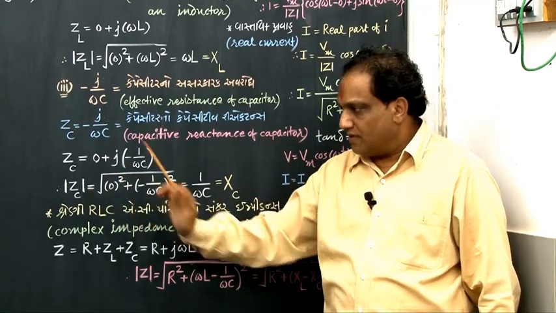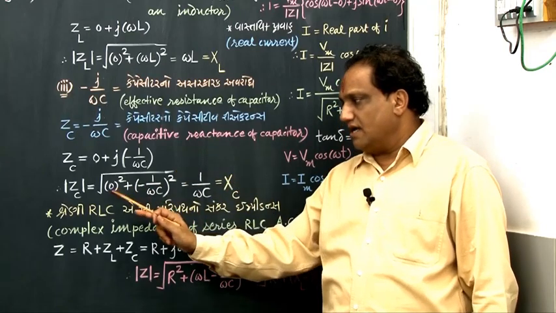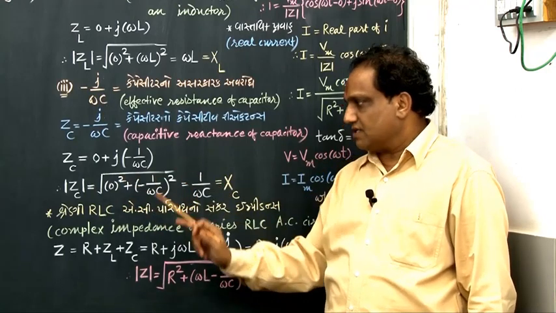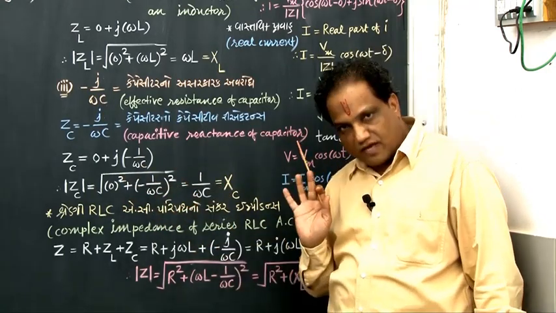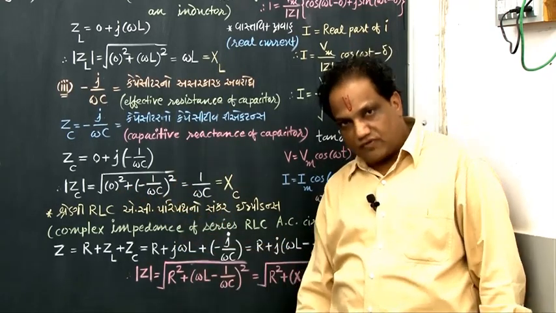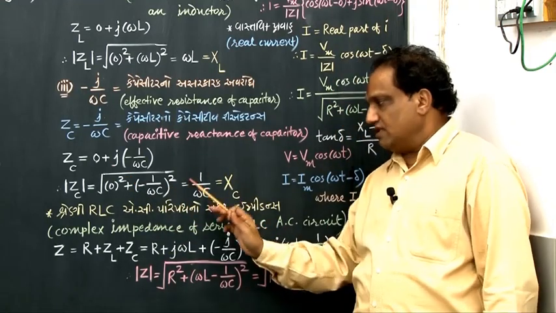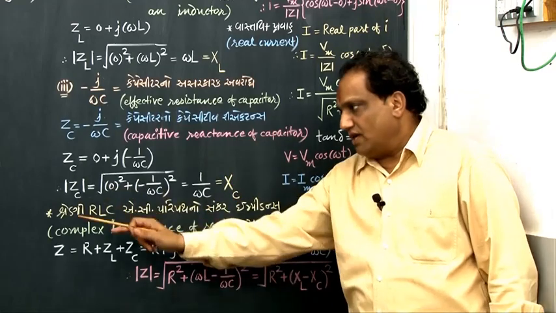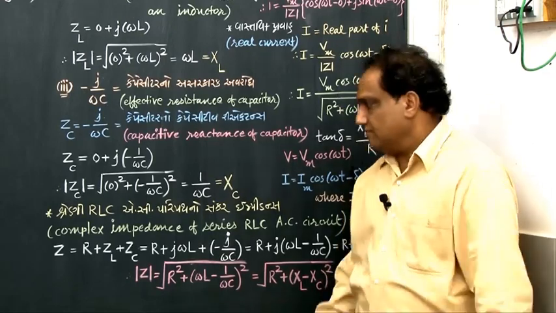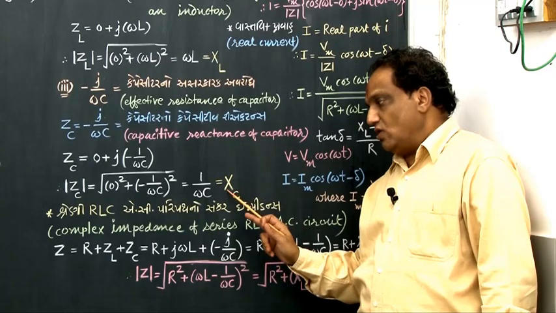The magnitude is the square root of the sum of squares of the real and imaginary parts, so under root of 0 square plus minus 1 upon omega C whole square. The square is 1 upon omega square C square, and its square root is 1 upon omega C. This gives you the magnitude of capacitive reactance, shown by another symbol XC, where you should write C below X.